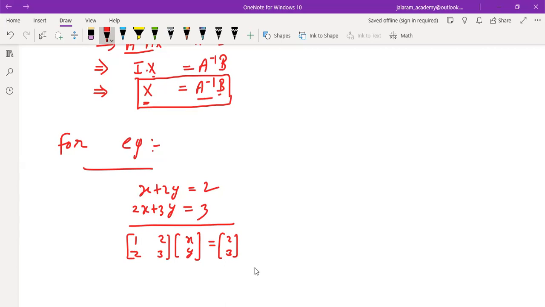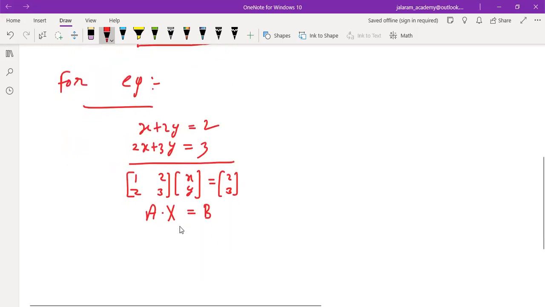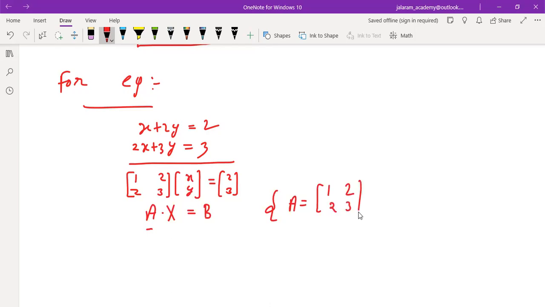So if we consider the coefficient matrix as A, the column matrix x, y as X, and the column matrix 2, 3 as B, how to solve it? For this, first we have to find A inverse. We have assumed that A equals the matrix 1, 2, 2, 3, X equals the matrix x, y, B equals the matrix 2, 3.